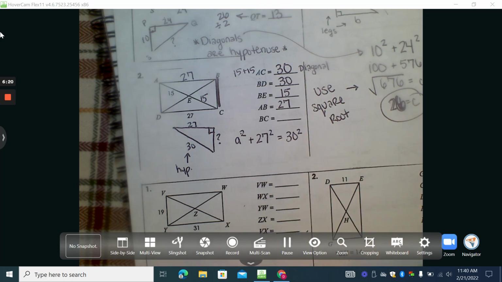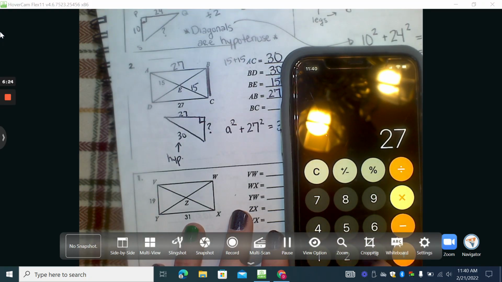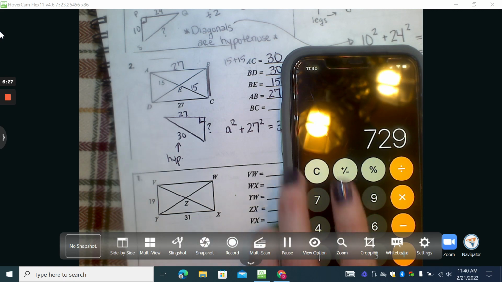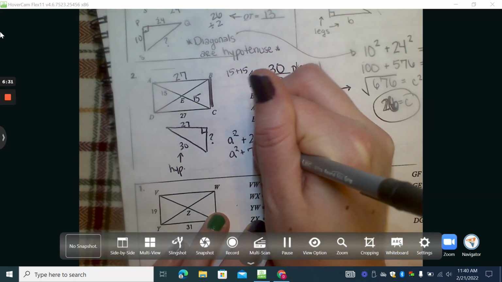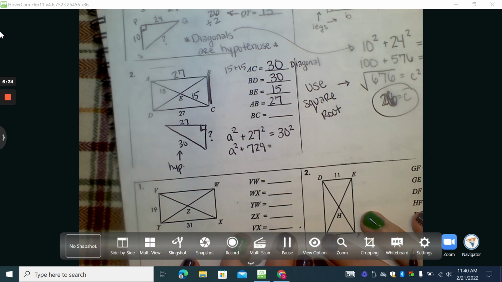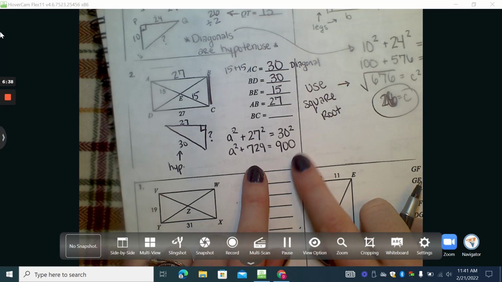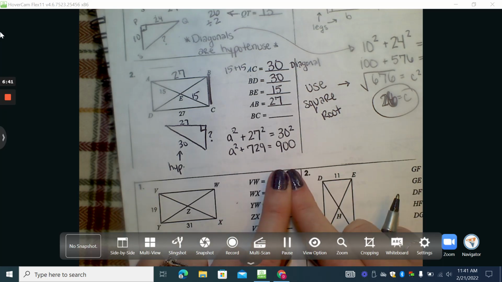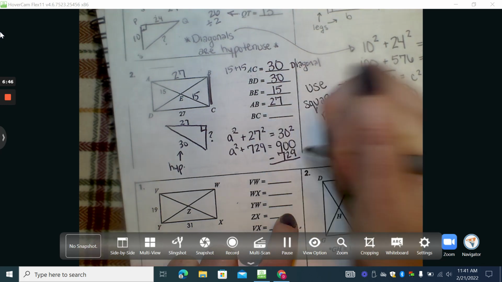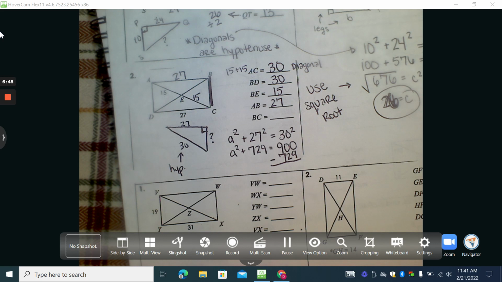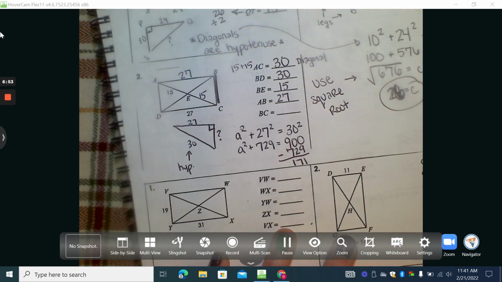And this is the equation I'm going to solve. Let's go ahead and simplify those first. 27 times 27 is 729. So I have a squared plus 729. And then 30 times 30 is 900. But since they're on opposite sides of the equal sign, I cannot add them together. Instead, I'm going to subtract 729. 900 minus 729 is 171.